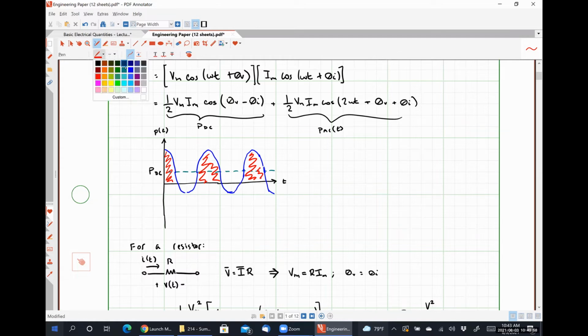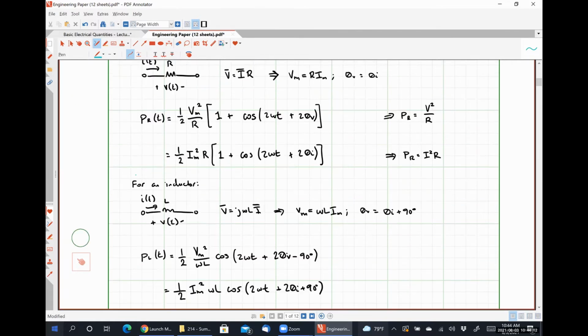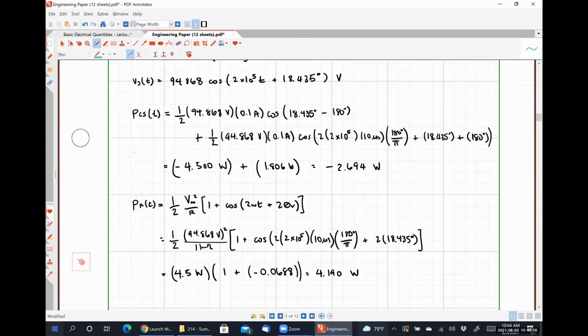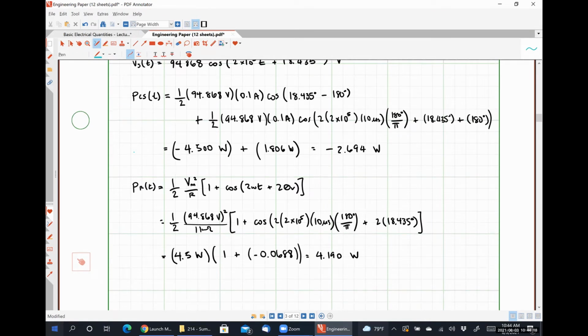But everywhere below the horizontal axis, for these small time intervals, our load is actually supplying power back to the source. So it should not surprise us to see that at this particular point in time, our inductor is effectively supplying a reasonably considerable amount of power to our resistor.